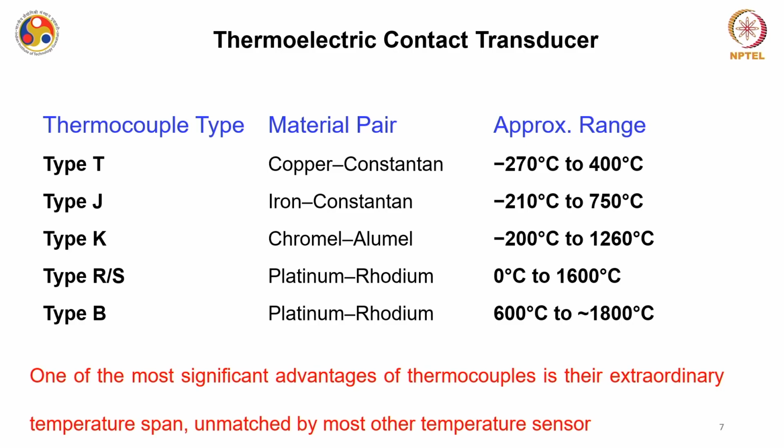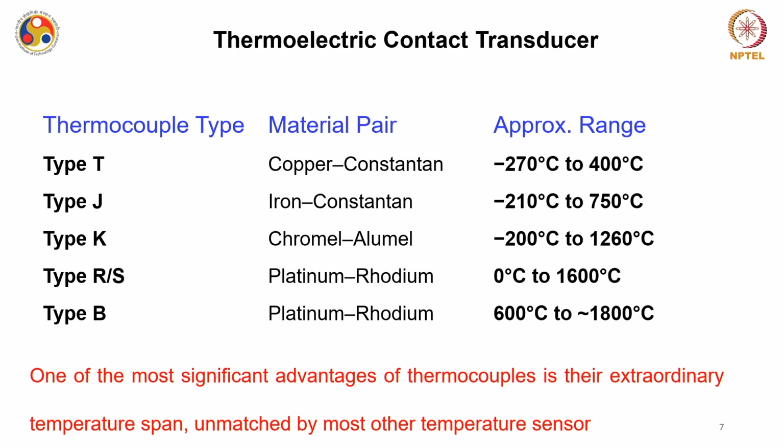Type T is basically a copper and constantan junction, where two different wires are used, one copper and the other constantan. Type J requires iron and constantan, K requires chromel and alumel, and types R and S, as I mentioned earlier, require platinum and rhodium. Both of them require platinum and rhodium, and there is a difference in the percentage of rhodium in these cases. We will see that later on in this course.